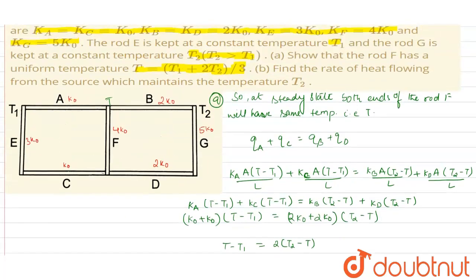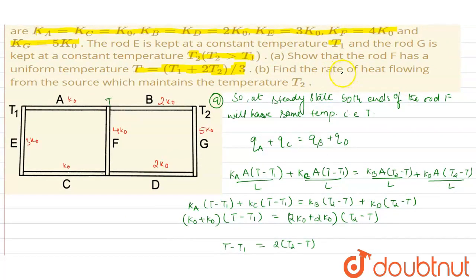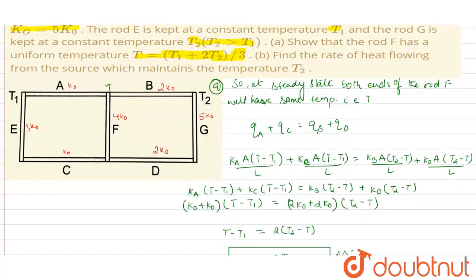Now in the second part, what we have been asked is to find the rate of heat flowing from the source which is maintained at the temperature T2. Looking at the figure, rod A and rod B are in series connection, rod C and rod D are in series connection.